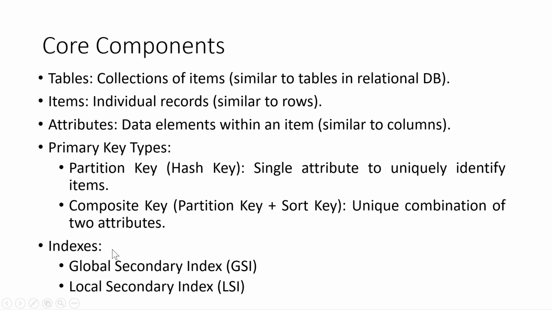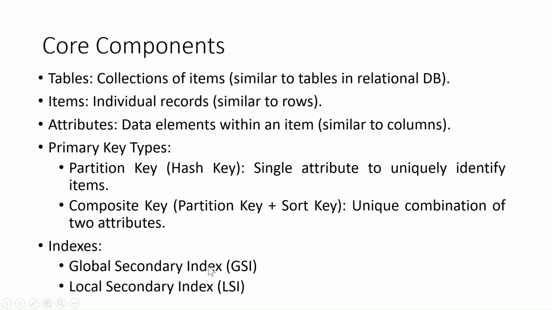And lastly, the indexes. There are two types: global secondary indexes and local secondary indexes. The global secondary index lets you query data using any attributes, not just the primary key.